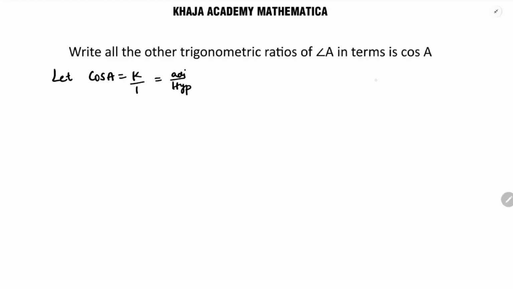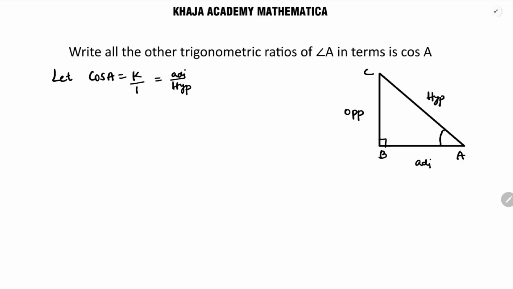So if I take a right angle triangle ABC, right angle at B. So now angle is at A, so this is opposite to angle A, adjacent to angle A, hypotenuse. So here adjacent is K and hypotenuse is 1.